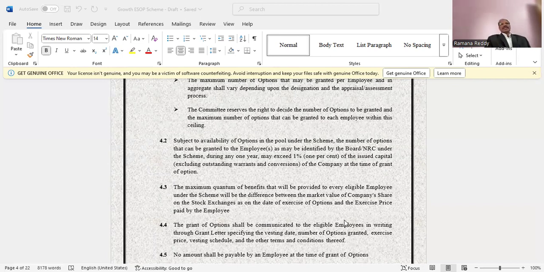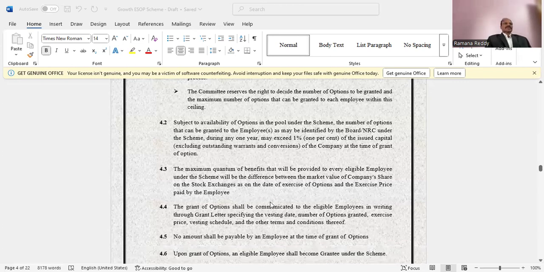If at all any ESOPs above 1% of the paid up capital are being issued to employees, a special resolution is required. So the maximum quantum of benefits that will be provided to every eligible employee under the scheme will be the difference between the market value of the company share on the stock exchanges on the date of exercise of options and the exercise price paid by the employee.